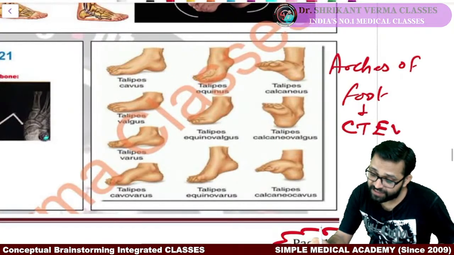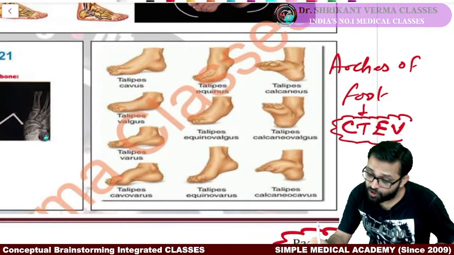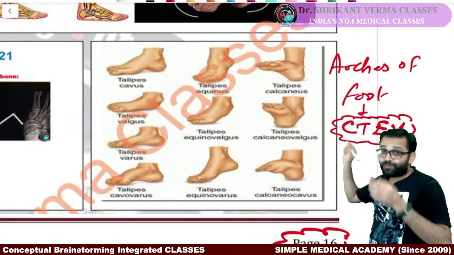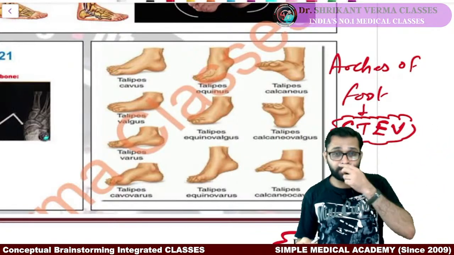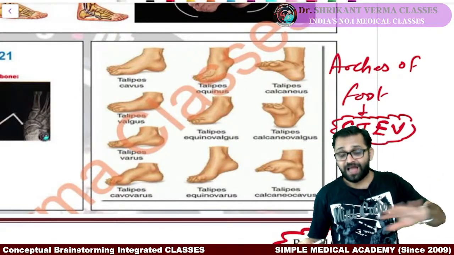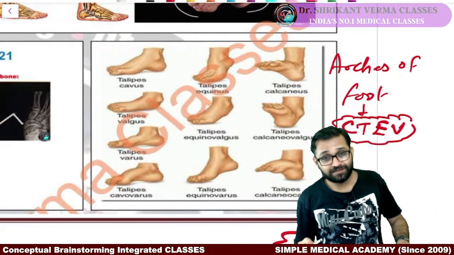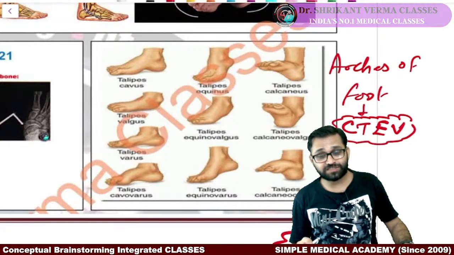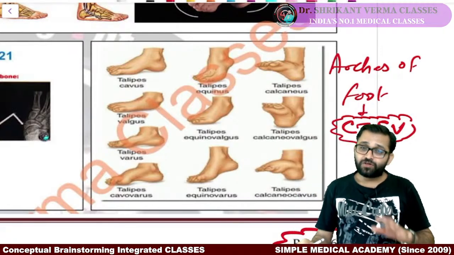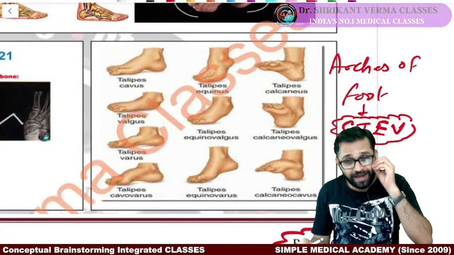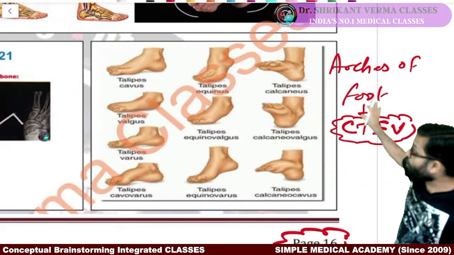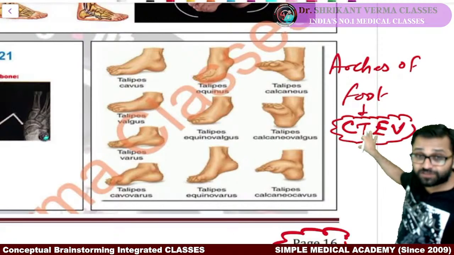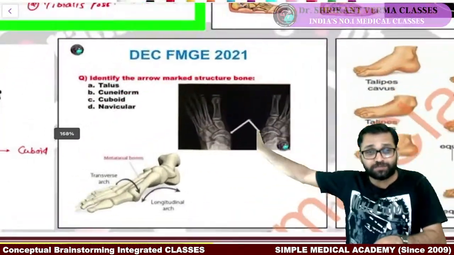One of them is CTEV. I told you that congenital talipes equinovarus is the most common congenital deformity all over the world among all kinds of diseases, either metabolic diseases like glycogen storage diseases, phenylketonuria, alkaptonuria, or genetic syndromes like Down syndrome and Patau syndrome. Among all, congenital talipes equinovarus is the most common deformity. That's why the foot is an important topic.